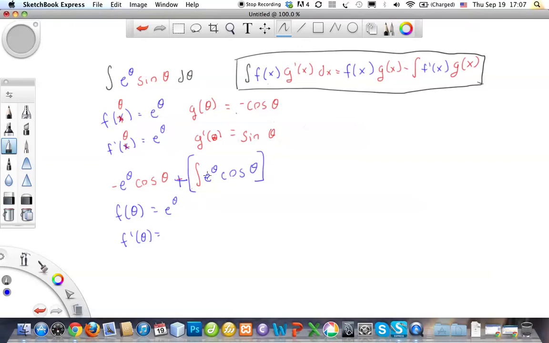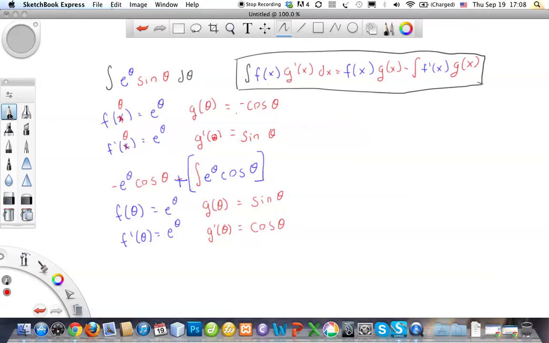F prime of theta is going to be the derivative of this, which is just e theta again. And g prime of theta is going to be cosine theta. Then we integrate, we get sine of theta.